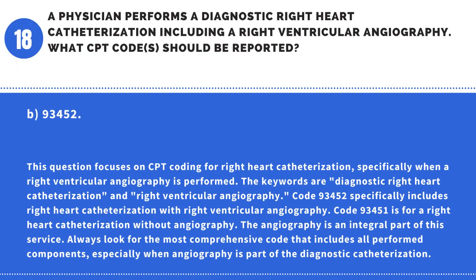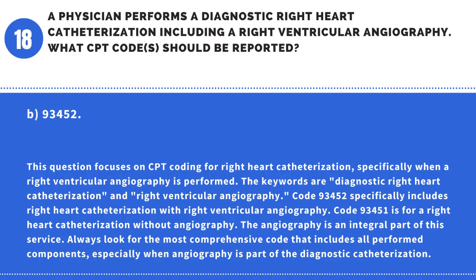Answer B. 93452. This question focuses on CPT coding for right heart catheterization, specifically when a right ventricular angiography is performed. The keywords are diagnostic right heart catheterization and right ventricular angiography.